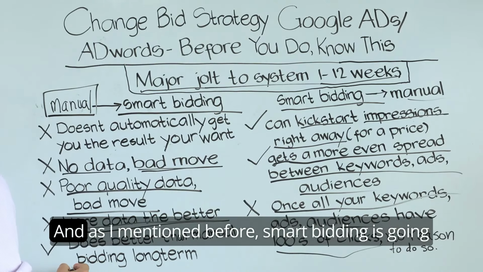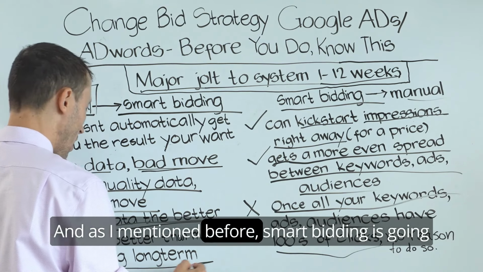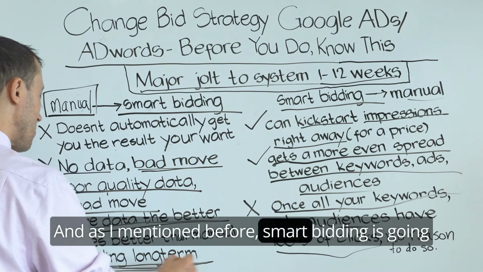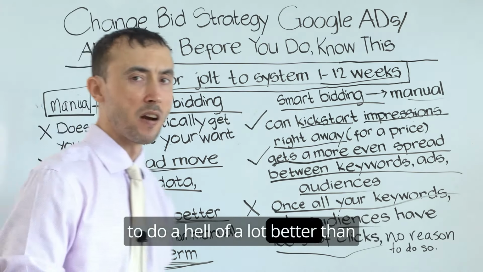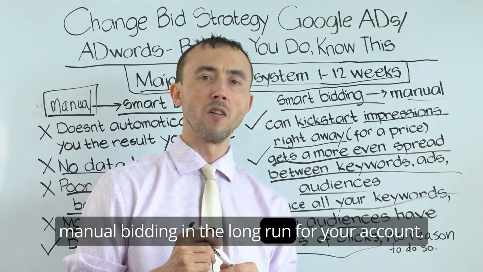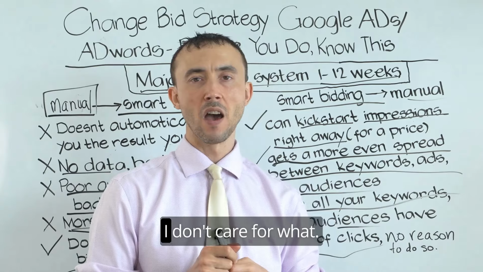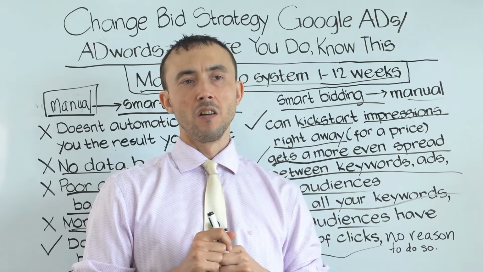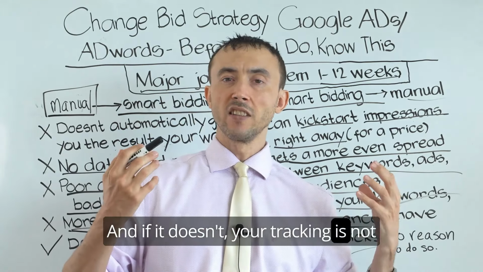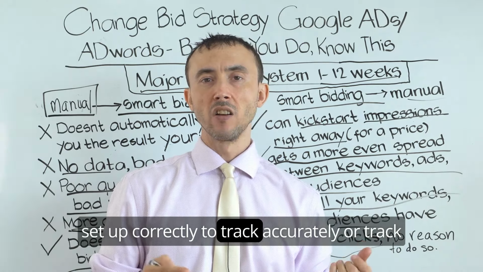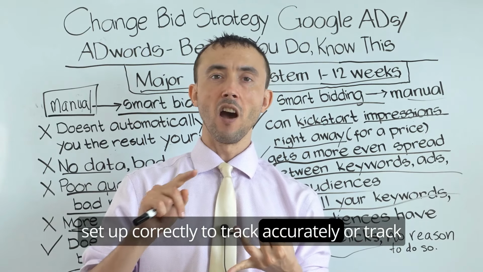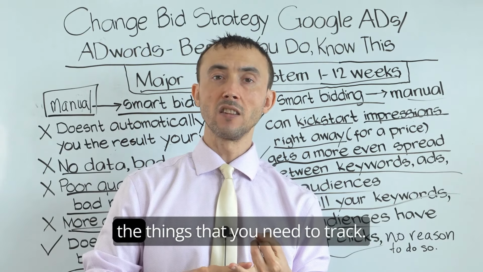And as I mentioned before, smart bidding is going to do a hell of a lot better than manual bidding in the long run for your account. Without question, every time, I don't care for what. And if it doesn't, your tracking is not set up correctly to track accurately, or track the things that you need to track.